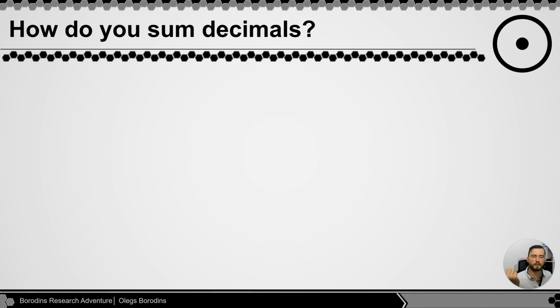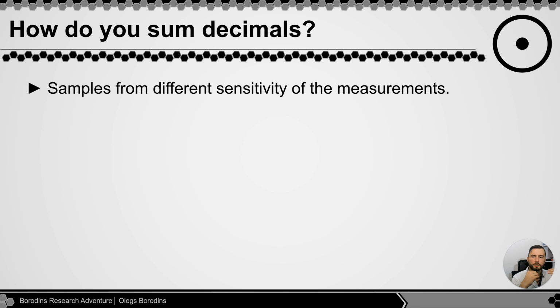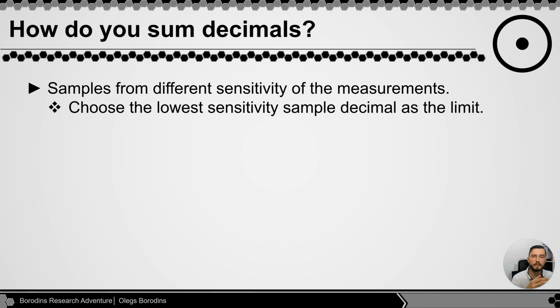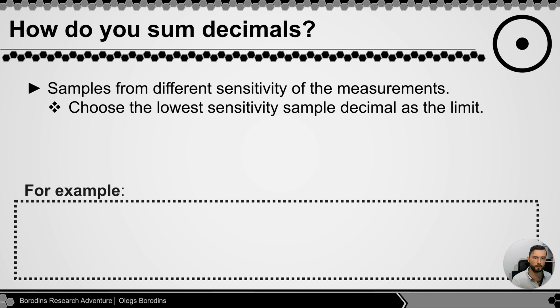But how do we sum decimals when you have an example where you use 2 different machines with 2 different sensitivity levels, for example, a ruler and something more sensitive than a ruler? The simple answer is to stick to the less sensitive machine as your limit for your decimals. For example, our first measurement was done with the ruler and the leaf was 50 millimeters.